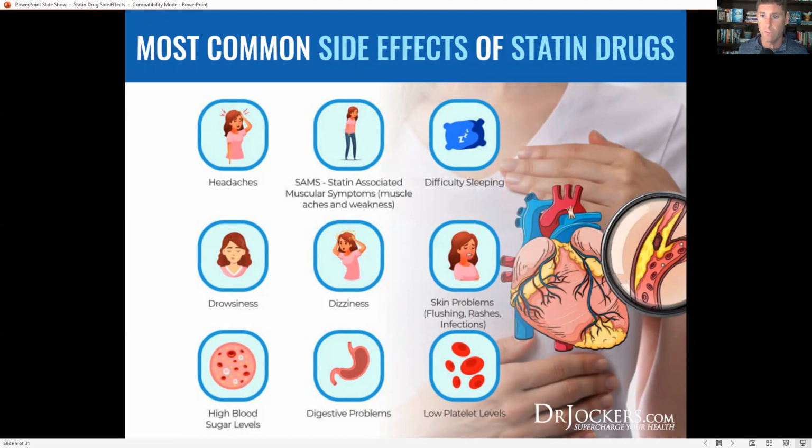And so they start to lose muscle, sarcopenia. They can also cause difficulty sleeping, skin problems like flushing, rashes, and infections, digestive problems, high blood sugar. So one of the main side effects of statin drugs is they actually cause diabetes for some individuals. And we know diabetes is associated with more inflammation in the body, right? And higher risk of heart disease. So that's a huge issue.